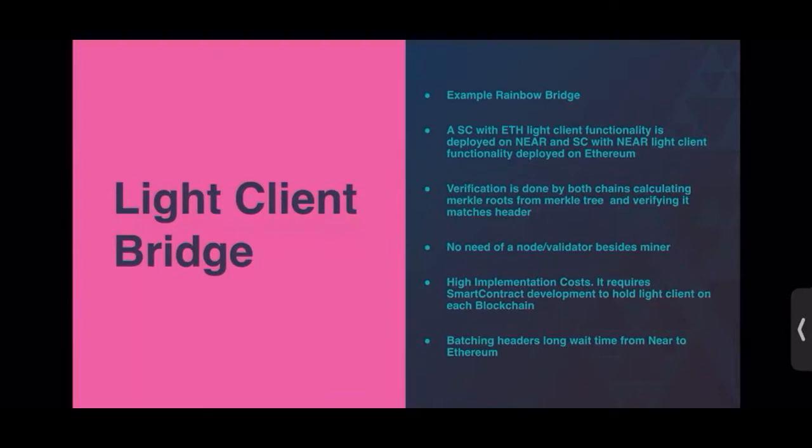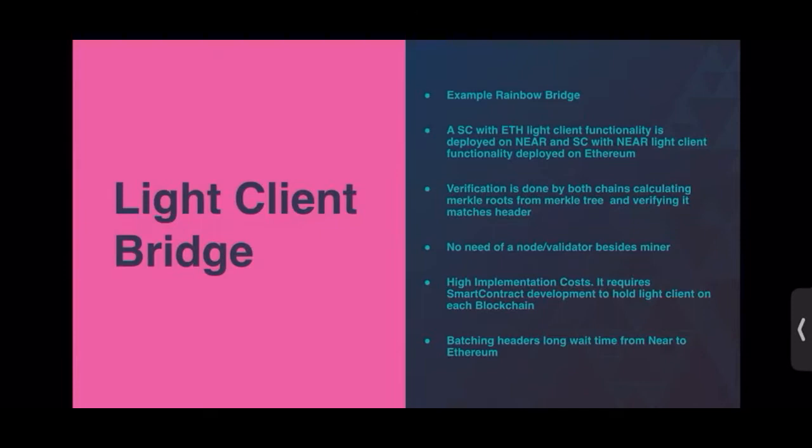So basically, you can all just use the keywords here and do your own research. I encourage that. But basically, when it comes to light clients, you don't need a validator besides the miner for both the chains itself. That would mean it has a high implementation cost because the smart contract development has to hold both the light clients on both chains.